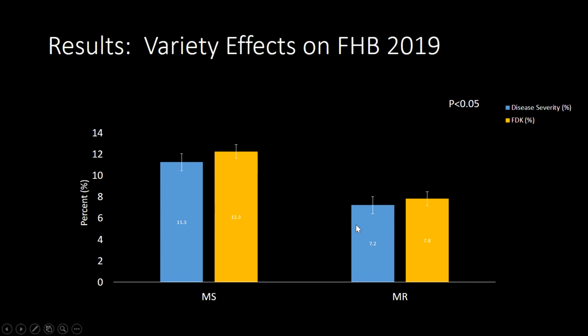So this just shows you the benefit that we saw just by getting a good moderately resistant variety in 2019 relative to a moderately susceptible one.